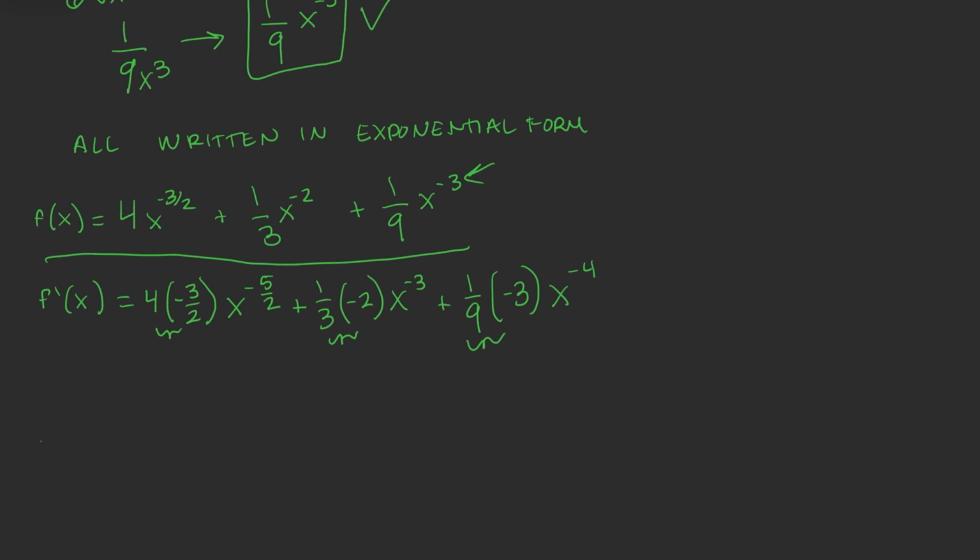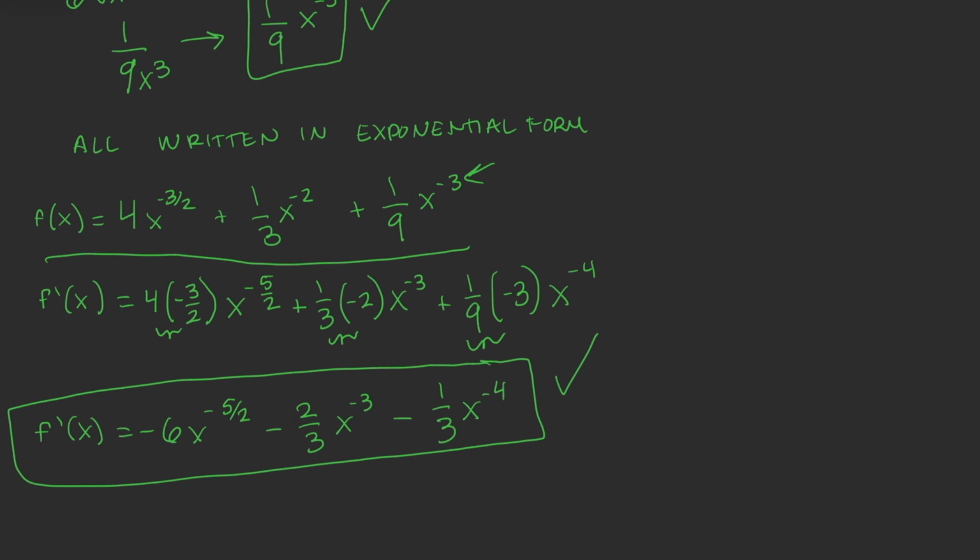So our final answer will be f prime of x equals negative 6x to the negative 5/2, minus 2/3 x to the negative 3, minus 1/3 x to the negative 4th power.